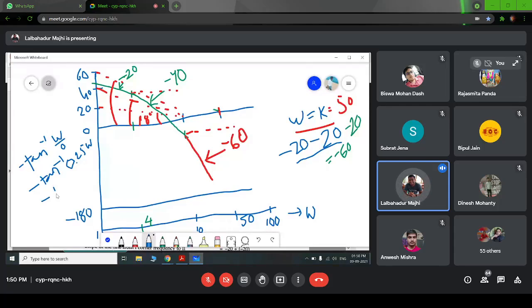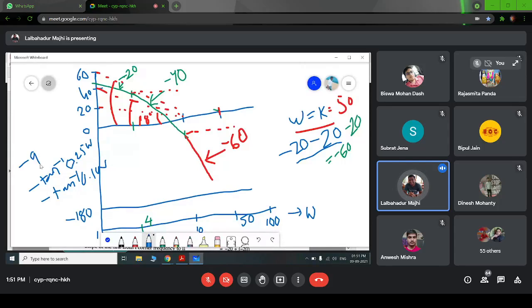Then we have another pole, so it will be tan inverse 0.1 omega. This will be our final angle. This angle will be 90 degree, right? So you don't have to write this tan inverse of omega by 0. You can directly write minus 90.